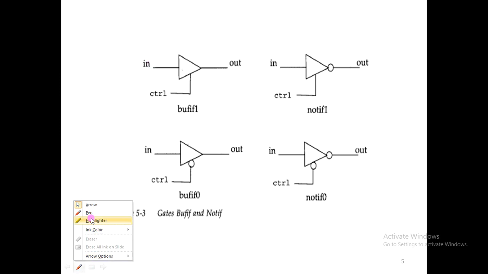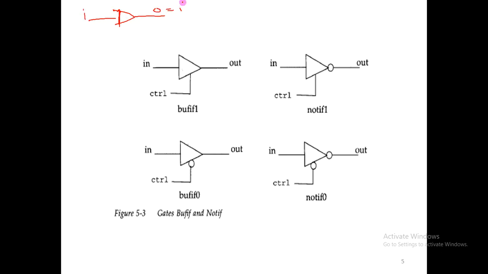So next is buff if and not if statements. A new concept for you. Buffer, we are very well aware of buffer. This is a buffer. Whatever input I am having, same output I get. What about NOT gate?